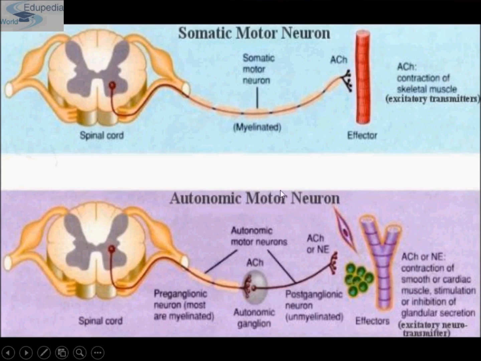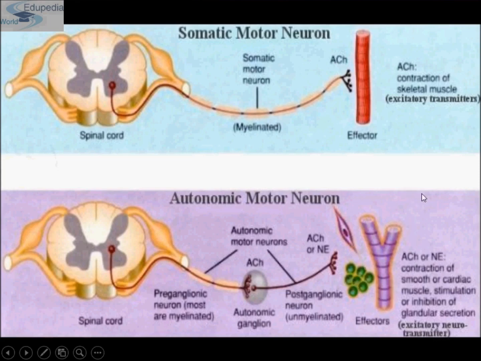Now what happens in the autonomic motor neuron is that the autonomic nervous system transmits impulses from the CNS, that is your spinal cord and brain, to the involuntary muscles and involuntary organs of the body.